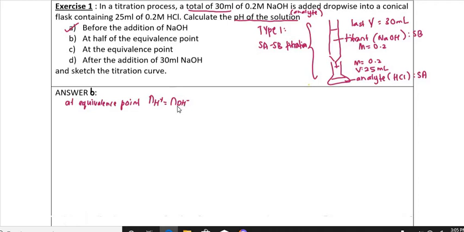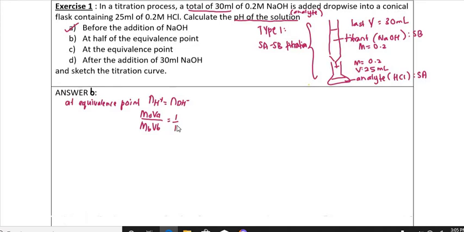So that means you have to use MAVA over a equals MBVB over b.